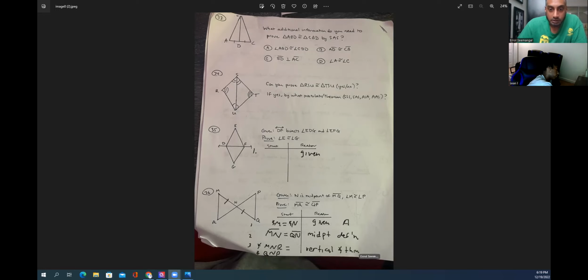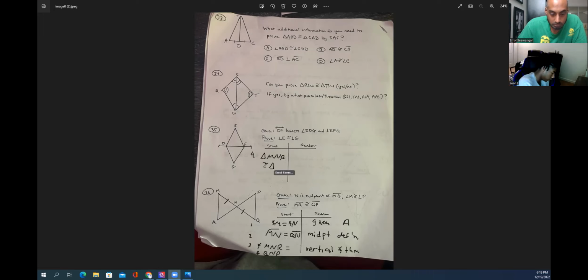That's number three. Then number four, what's number four? Number four would be the triangle ASA. So now the triangles are congruent, right? Triangle MNR is congruent to what?